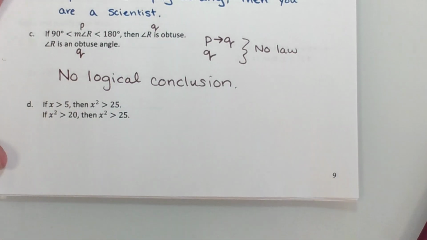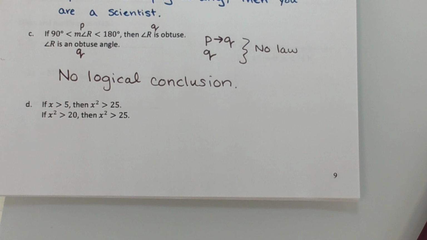It's this idea that just because angle R is an obtuse angle, according to this, we can't necessarily say it's between 90 and 180. Now, technically, that's the definition of obtuse, so that's a bad example, but we can't go backwards with this logic.